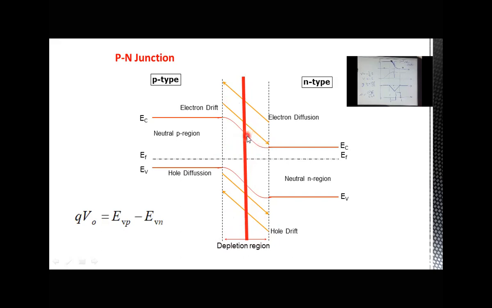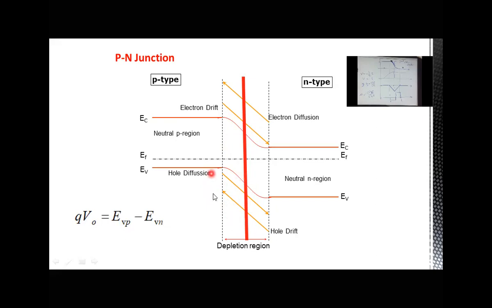Now this XP is the region in the p side. In order to calculate the overall number of holes here, it is simply Na. Again, please remember that Na is a concentration per centimeter cubed.